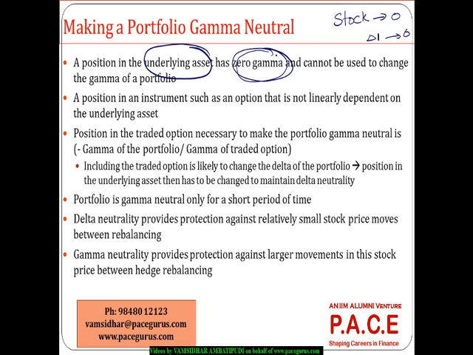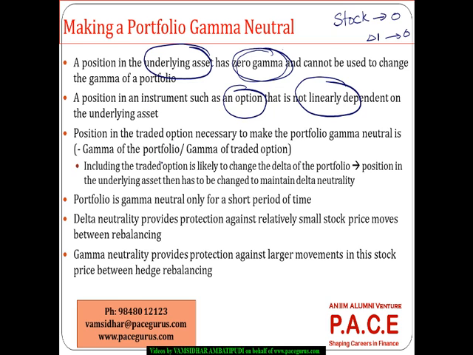So I have to rely on the instruments which have changing deltas. The instruments with non-linear payoffs, especially option kind of instruments, are mandatorily required to make the portfolio gamma neutral. Non-linear payoff based portfolios or securities are required.